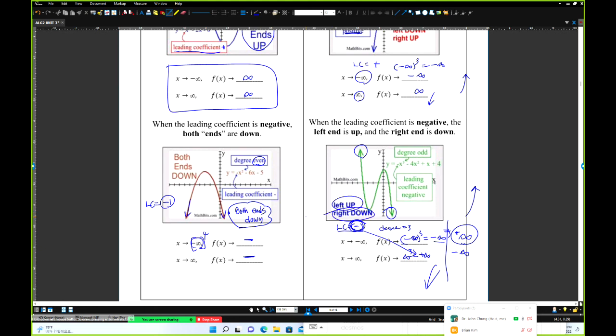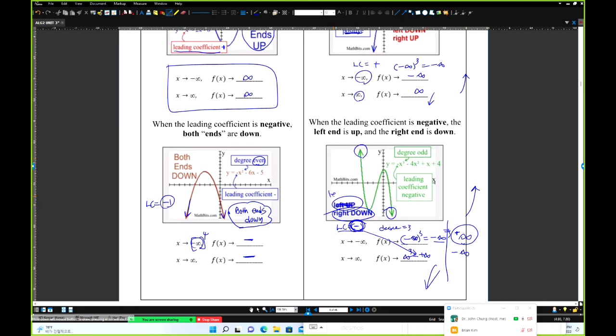So you can say left up, right down. No, they have a negative sign, negative, negative, positive. Wait, this is wrong, okay?